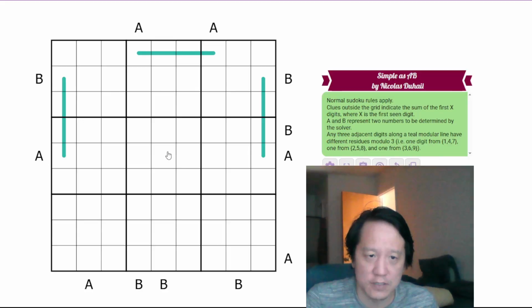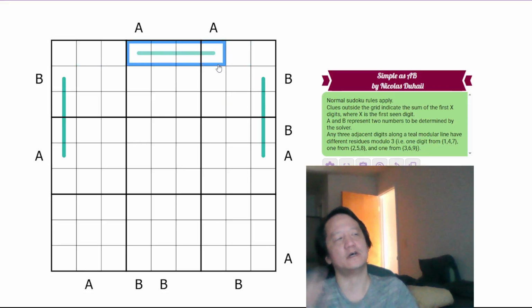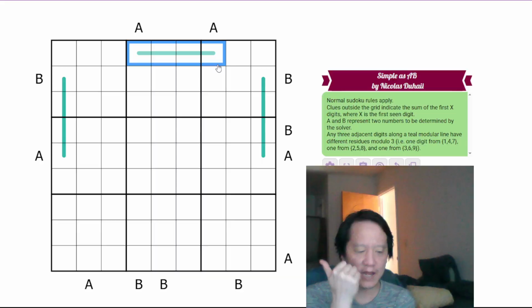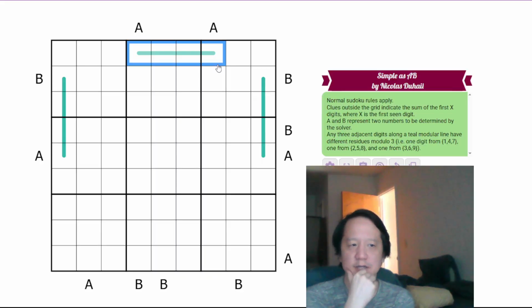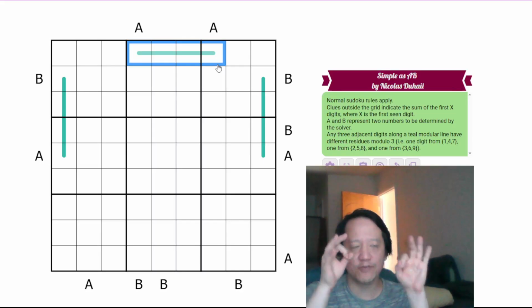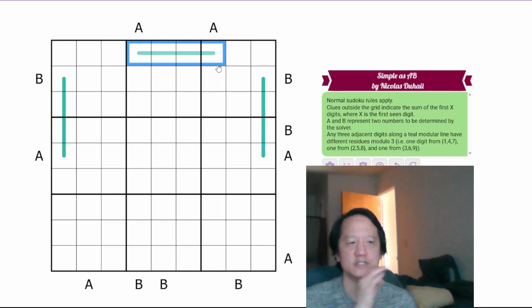Let's go. Okay, these are the same modular set because every 3 adjacent digits on a teal line have to have one of each of the distinct sets.